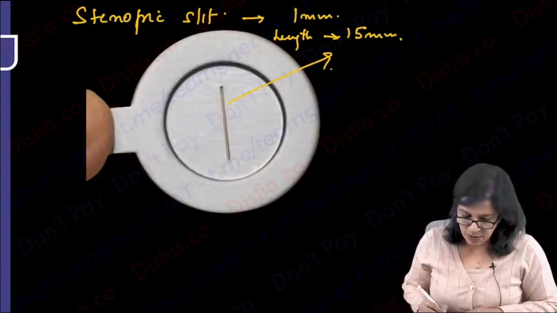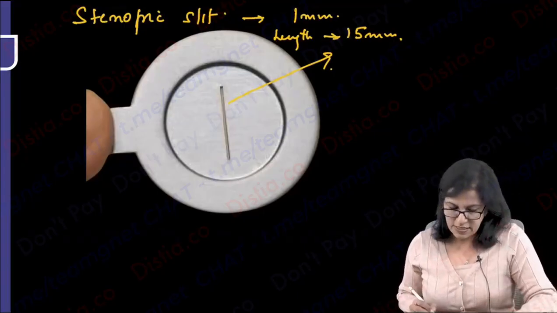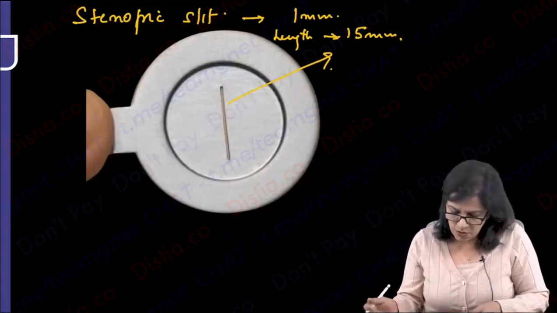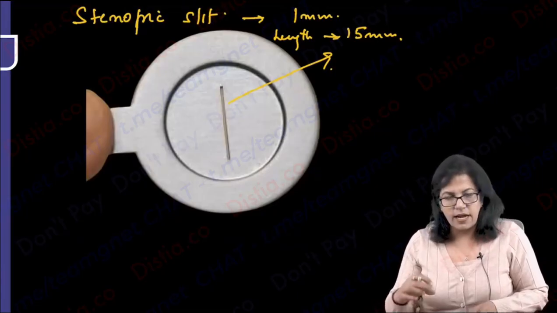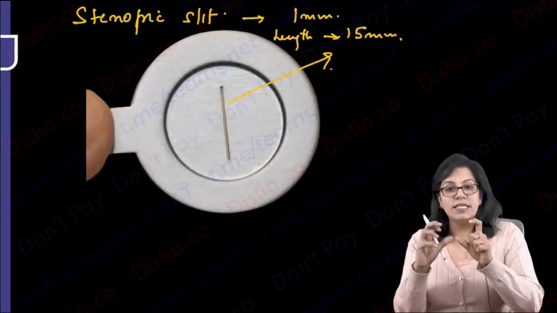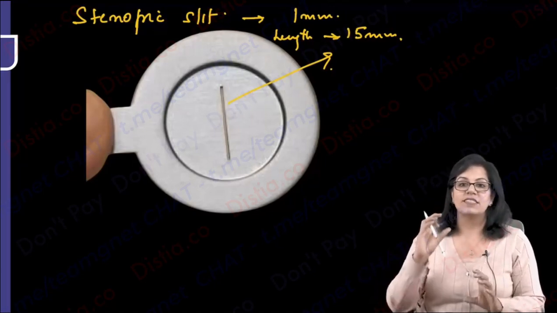We have to decide about the axis of astigmatism, right? You have to assess the visual acuity by using this slit, rotating it and trying to find out where the patient can see most clearly.